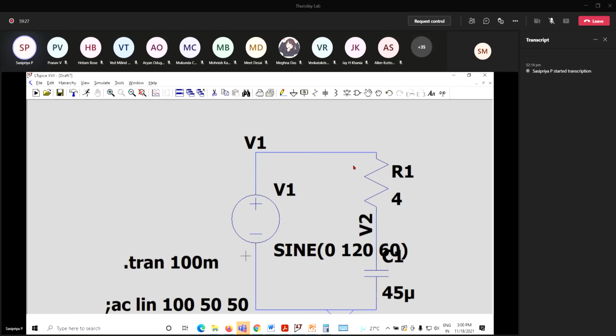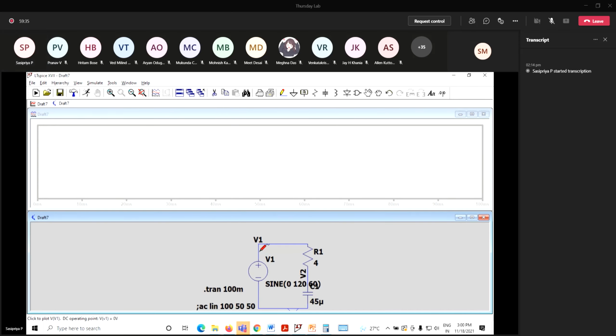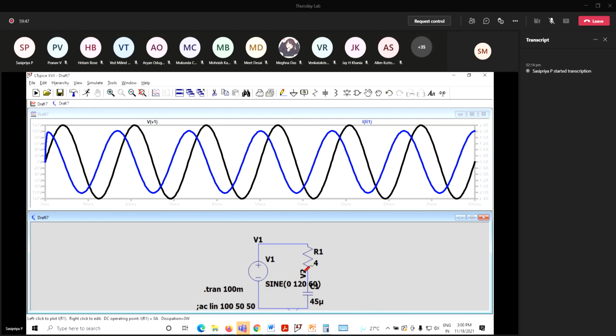Anyways, we are running for 100 milliseconds. No problem, we can run the simulation. Voltage 120 volt, then the current. This should be the same as your theory part. Both should be the same.